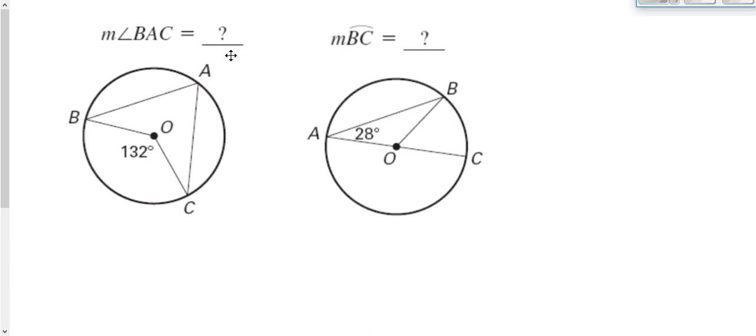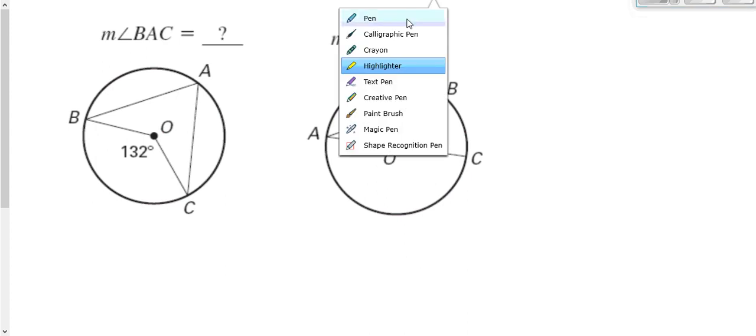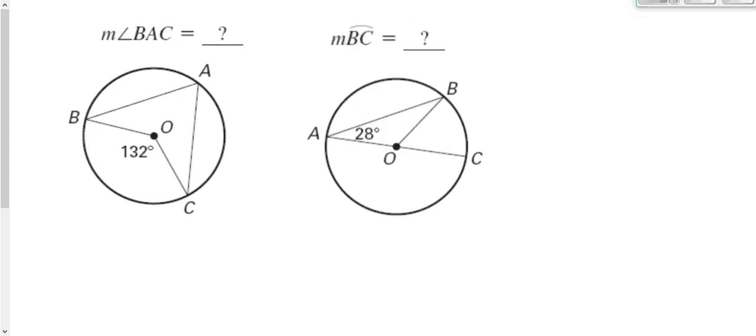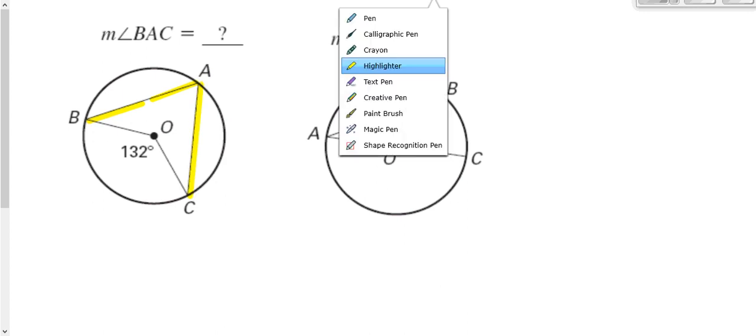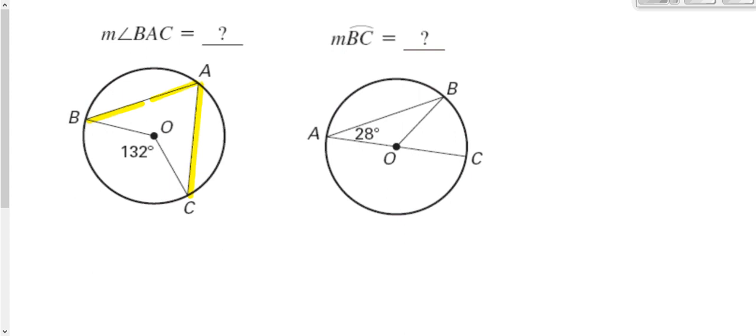Alright, so some central angle, inscribed angle practice here. I'm trying to find the measure of angle BAC. That angle that I have here is this inscribed angle right here. This one is a kind of a test to see if we can put together a bunch of these things.